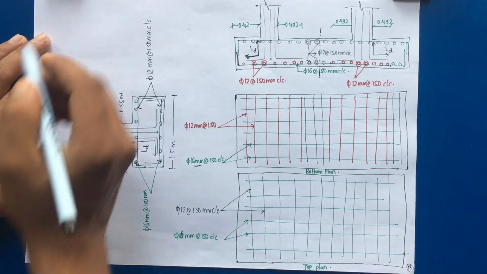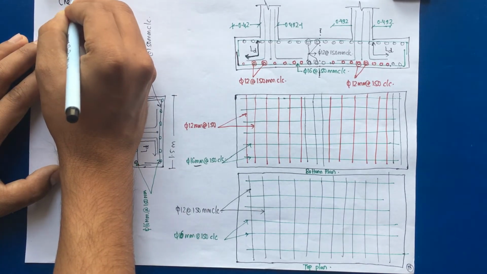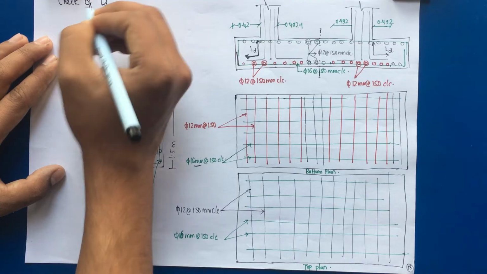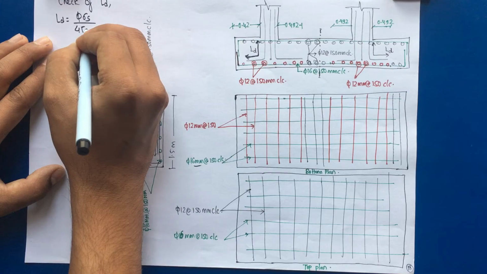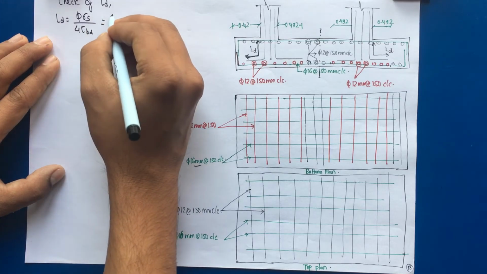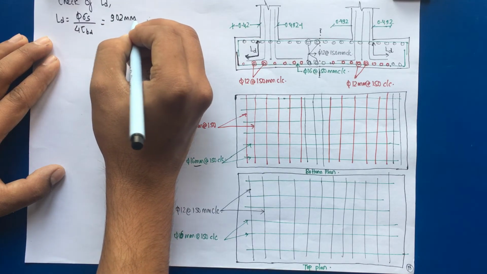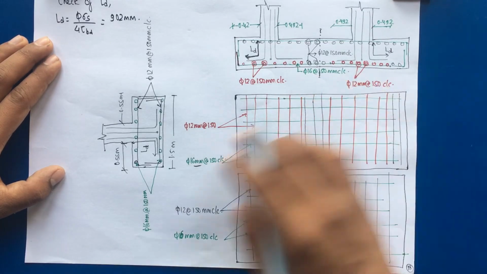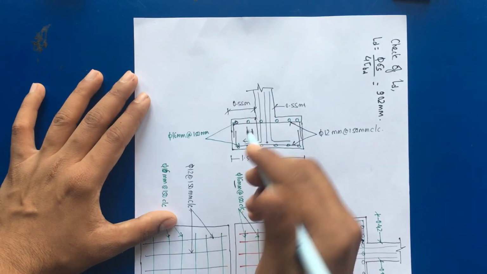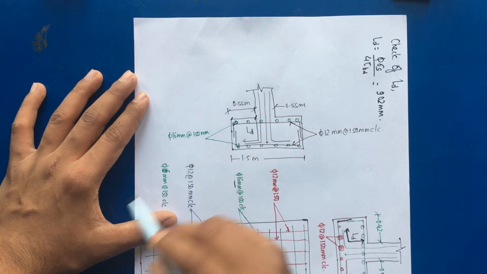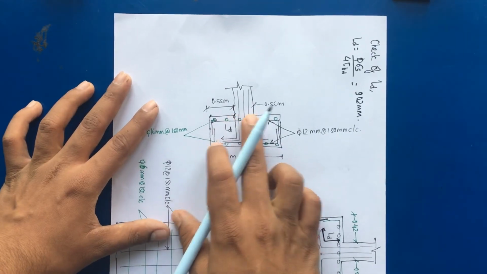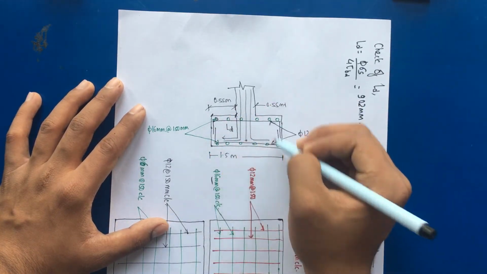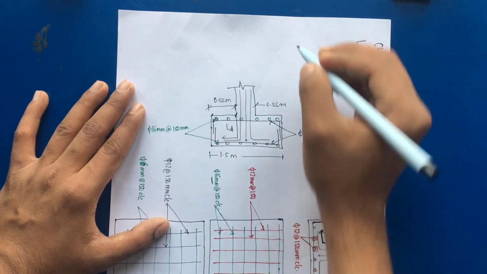So for the check of development length, we have computed Ld as 0.87 sigma s by 4 tau bd, which we computed as 902 mm. The available length, you can see, is 0.55 meter considering this section from column B. The projection was 0.55 meter and the depth is 476 mm.